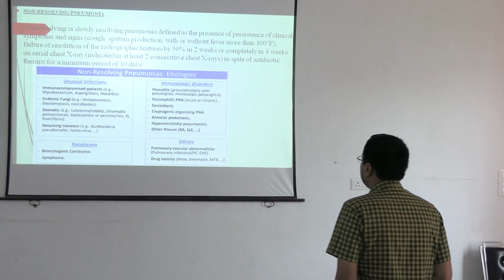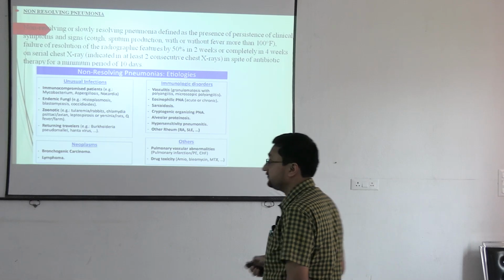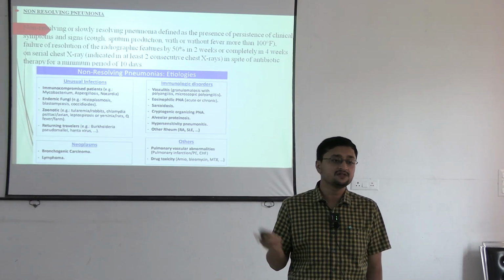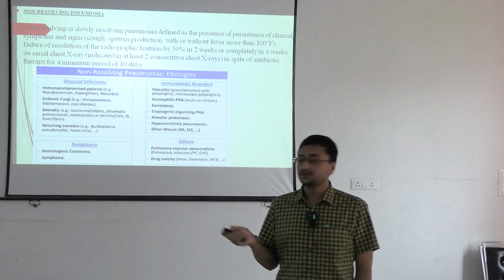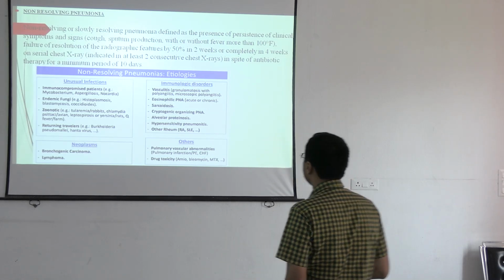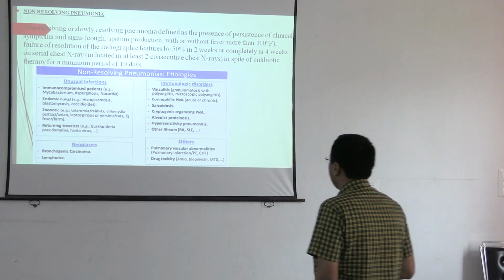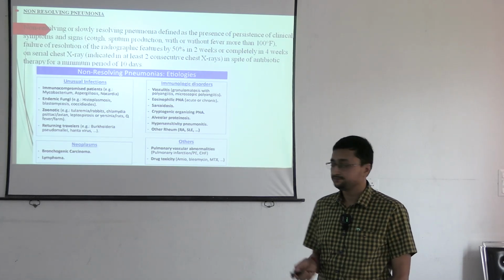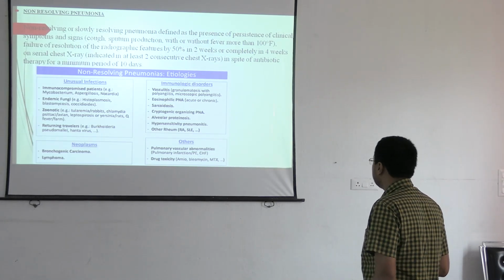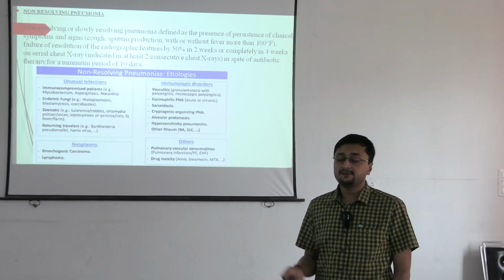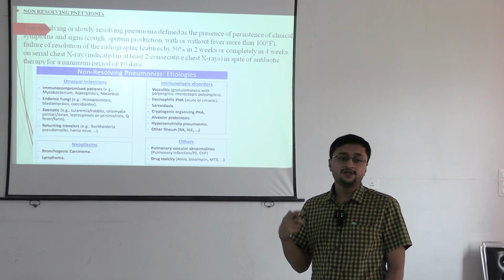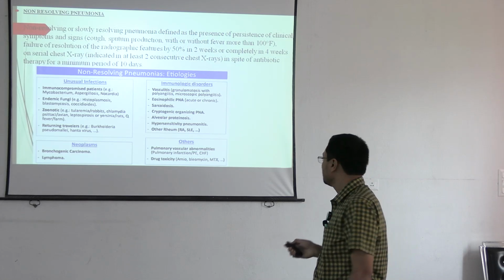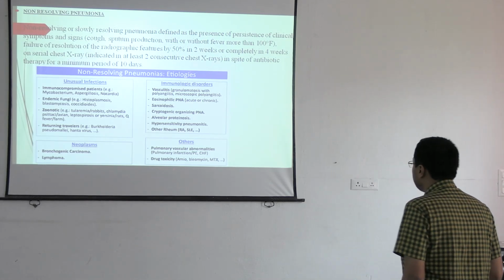And in an immunocompromised individual, Mycobacterium tuberculosis. A patient may have tuberculosis, and these drugs will not help at all. So this is the etiology of non-resolving pneumonia. And if there is a neoplasm, bronchogenic carcinoma or lymphoma, or immunological disease like the patient having vasculitis or rheumatoid arthritis or any rheumatological disease, connective tissue disease, or alveolar proteinosis, sarcoidosis.